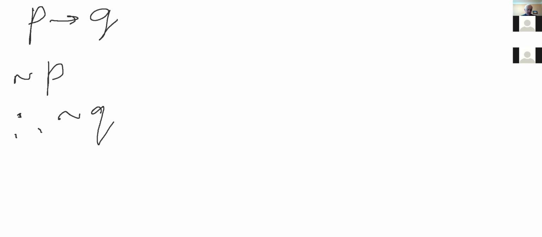For this, we will construct a truth table, and we need only 4 rows because we have 2 variables. Let's denote true and false by 1 and 0. It's easier for me.